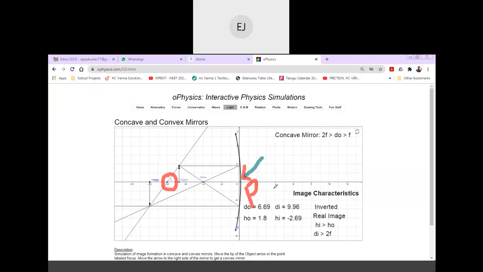Can you see my annotations? Whatever I am writing, can you see those? Yes, sir. Center of curvature, pole, and the line drawn through the center of curvature and pole, we call the principal axis.